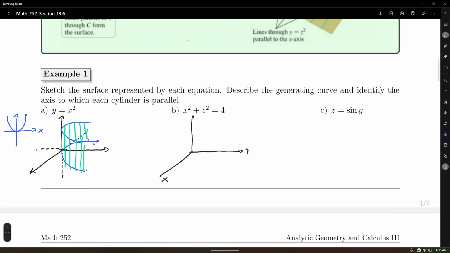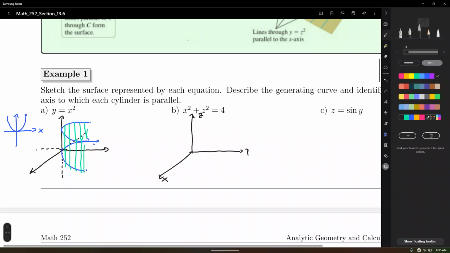So that's the x-axis, the y-axis, and the z-axis. So, x squared plus z squared equals 4. That's a circle indeed. But what axes are involved in the equation of the circle? Aren't they the x and the z? So I'm going to try my best and plot a circle involving the x and the z axis.